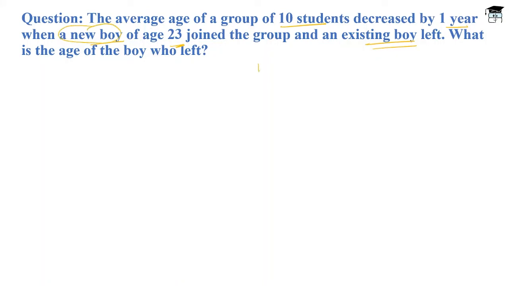So there were 10 students, right, in which one boy leaves and one new boy is coming, right? So there is deletion also and addition also. So how do we solve this type of question?